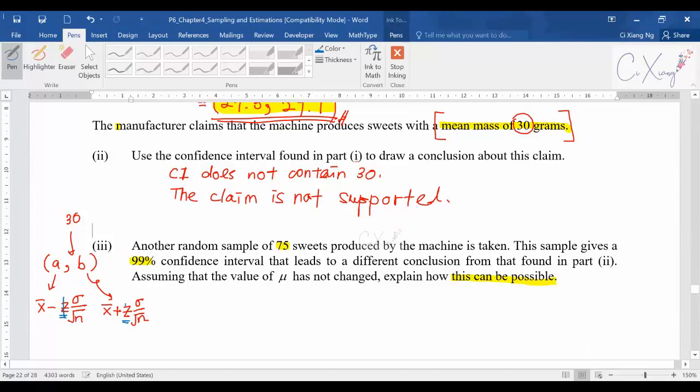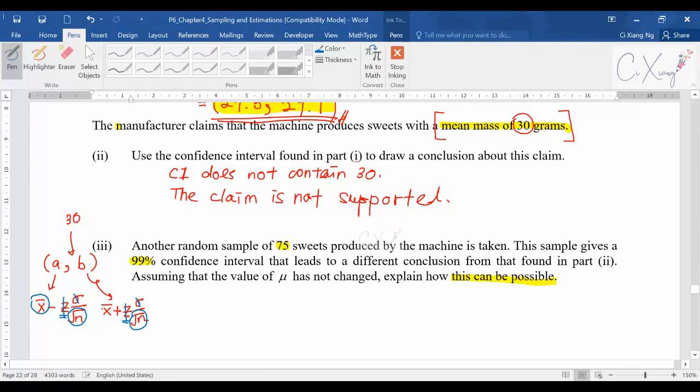So the Z value is still the same. The population standard deviation is still the same value. So now you can see the difference is the sample size, because in the first part the sample size is 65, but now it's 75.